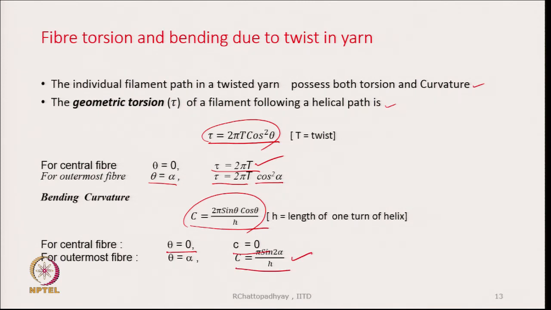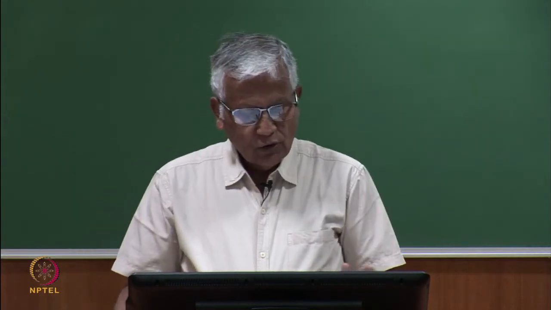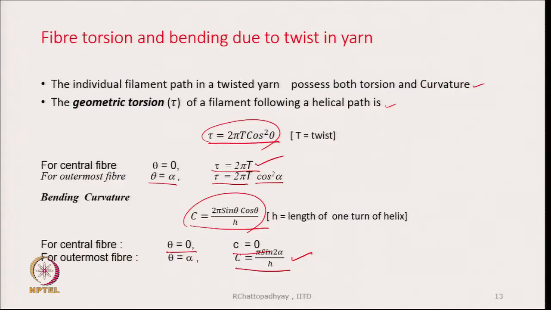So, these standard equations are available in the textbooks on yarn structures. We are not going to derive this, we have just taken the final equation to know what is going to happen.